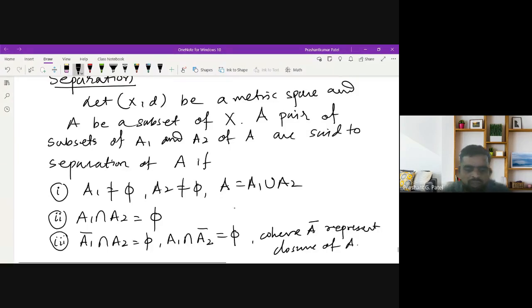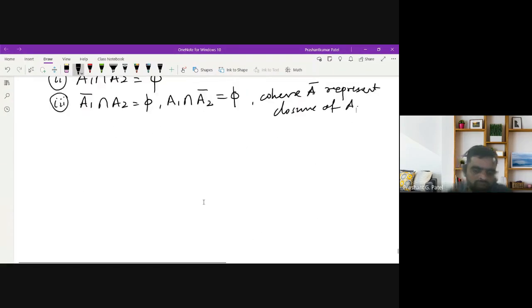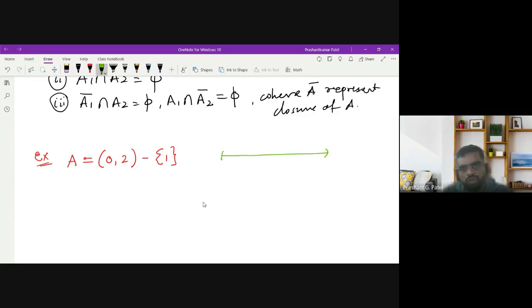So let's have an example of a separation. Consider A, which is the closed interval [0, 2] with the point 1 removed. As per the figure, if this is your closed interval 0 to 2 and I remove the point 1 from it, so this point 1 is not in this set, can we say whether this set has a separation or not?